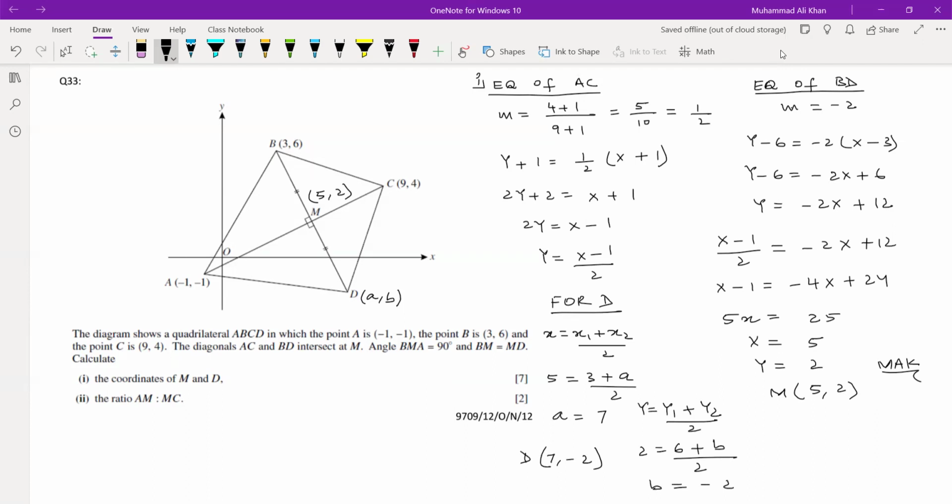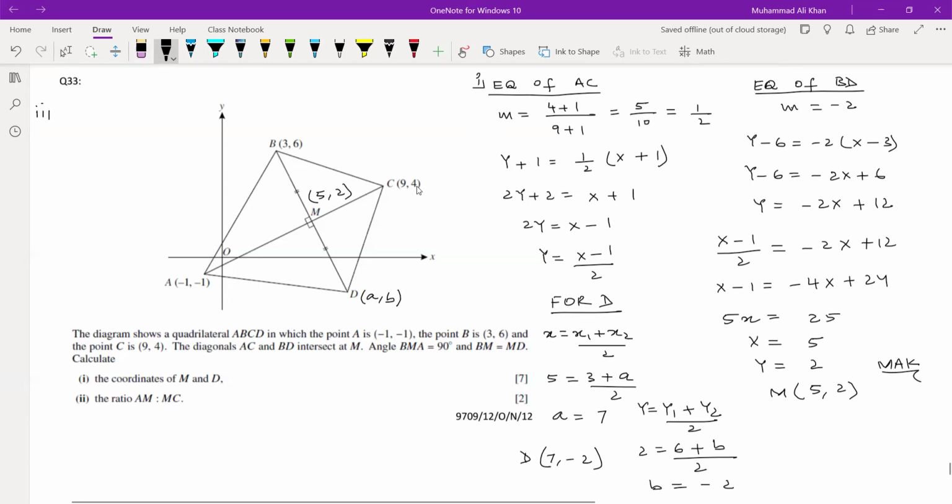After that, the second part, we have to calculate the ratio between AM and MC, right? With the help of distance formula, we are able to calculate the ratio between them. So I'm using distance formula.